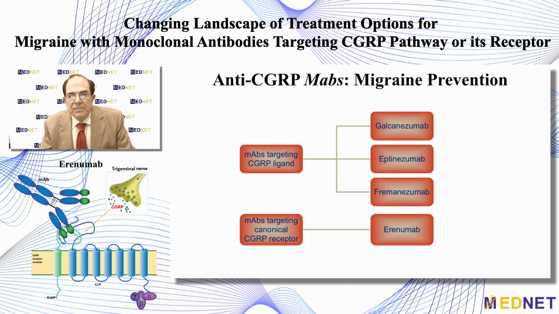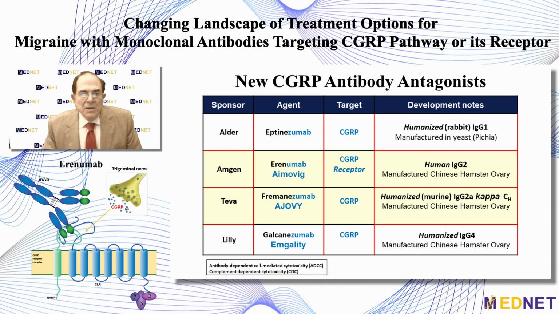There are now 4 different monoclonal antibodies either on the market or in development for migraine prevention. There's one antibody, erenumab, which targets the canonical CGRP receptor. The other 3 antibodies target CGRP itself. The older drug, eptinezumab, targets CGRP.